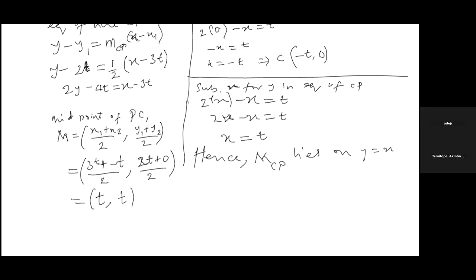So the value of x is equal to the value of y. That's the meaning of y equals x. And that is what you have established in the midpoint M. You say that t, t. So the x coordinate is t, the y coordinate is t. So whatever value they are taking, they take the same value. That's the meaning.